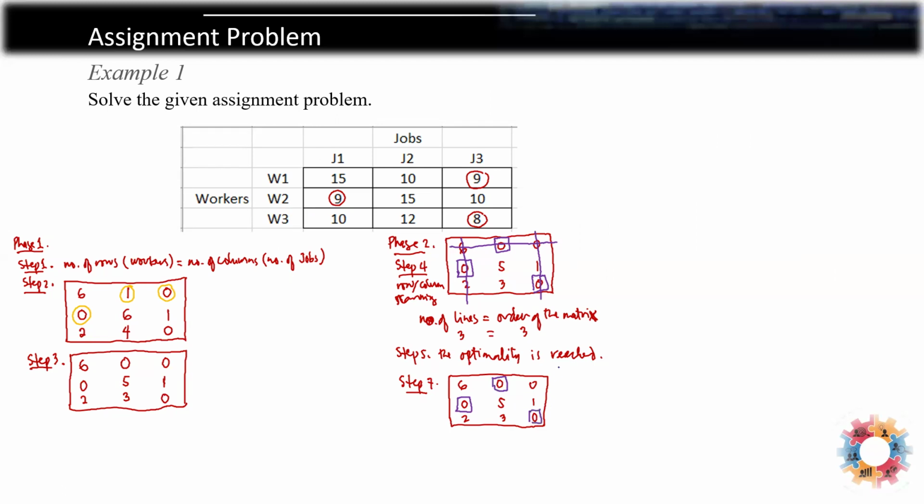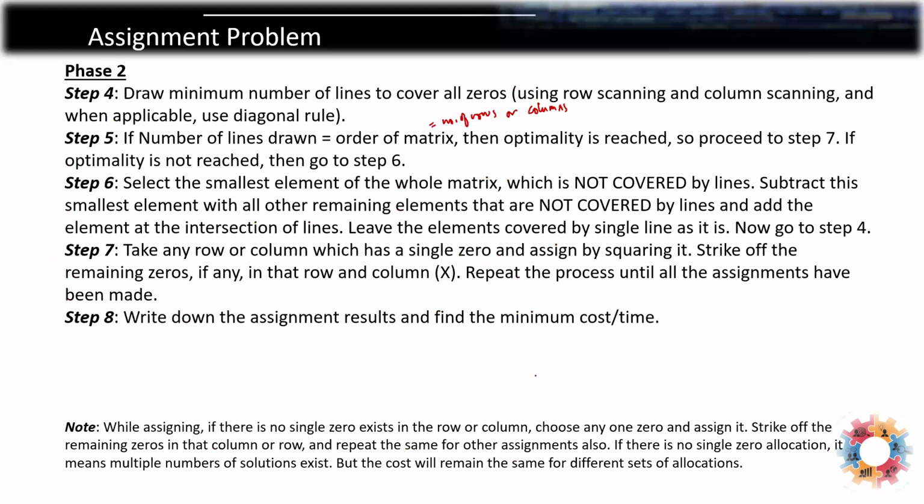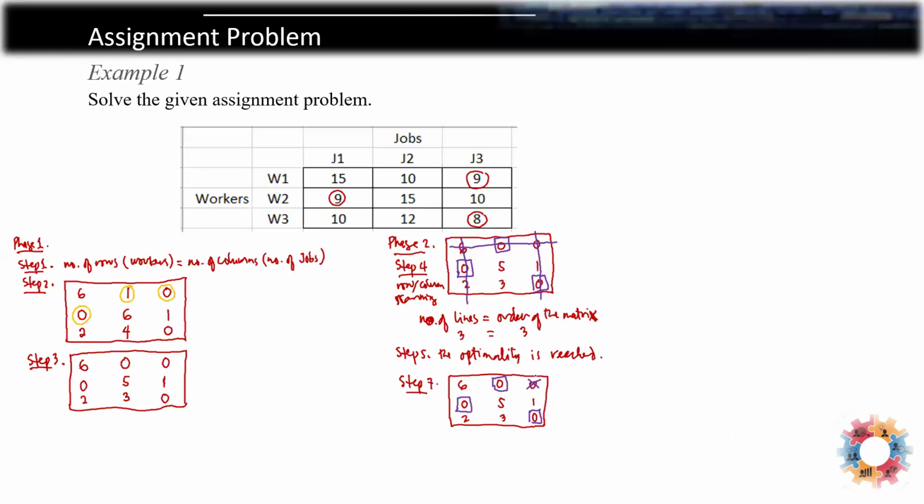And then those zeros that are not squared are discarded, as given here. Step number 7, strike off the remaining zeros. Then step number 8, we now compute the assignment result and find the minimum cost.